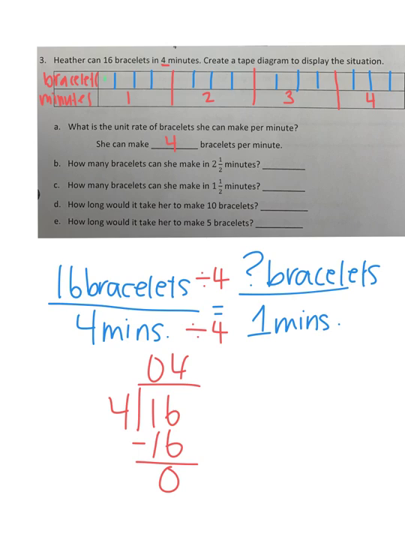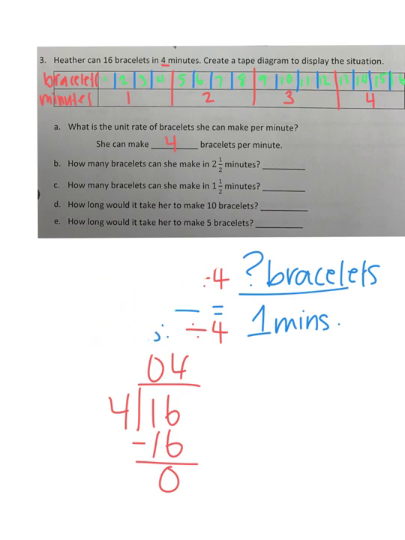In my first minute, I make 1, 2, 3, 4 bracelets. 5, 6, 7, 8 bracelets in my second minute. 9, 10, 11, 12 bracelets in my third. 13, 14, 15, 16 bracelets in 4 minutes, which is what we needed. So now we can start answering our questions now that our tape diagram's done.